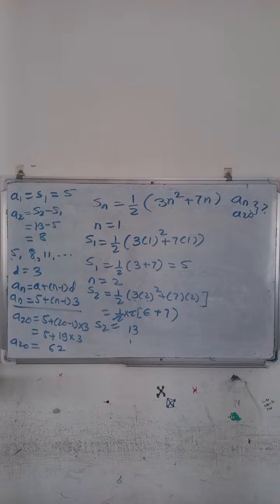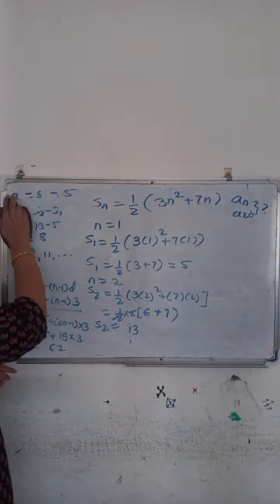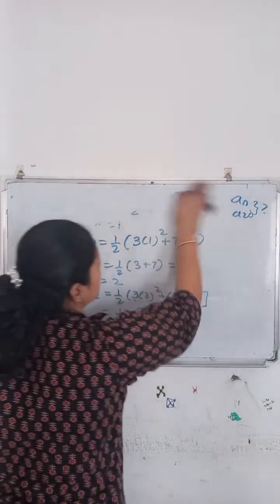According to the statement, you can put the 14th term is equal to twice the 8th term, meaning A14 is equal to twice A8. Whatever the statements given, according to that you can write down the values.